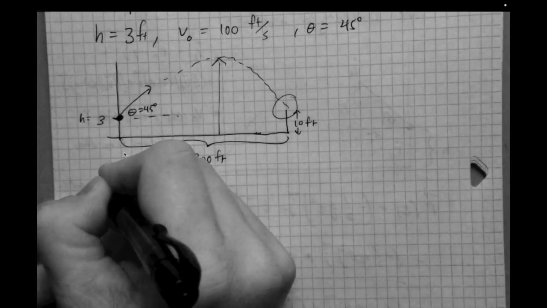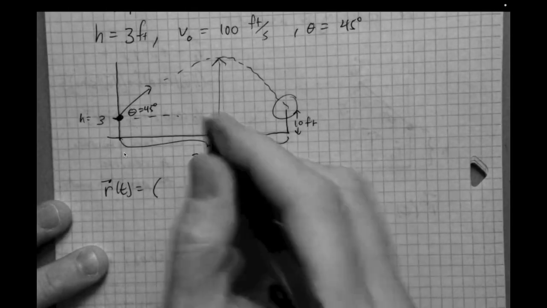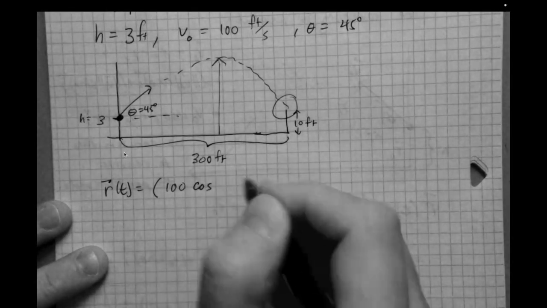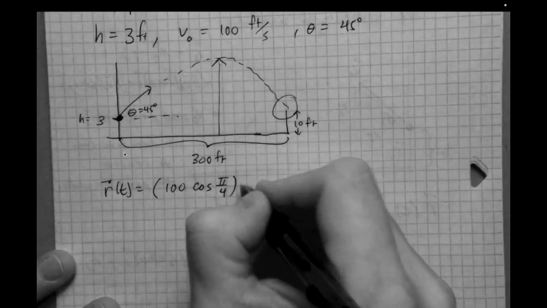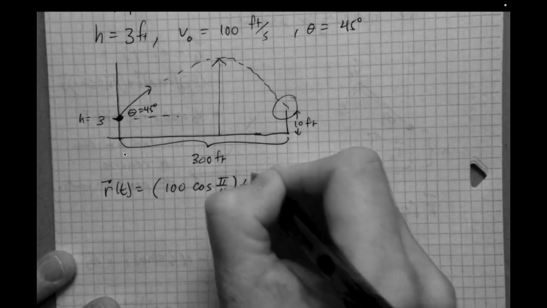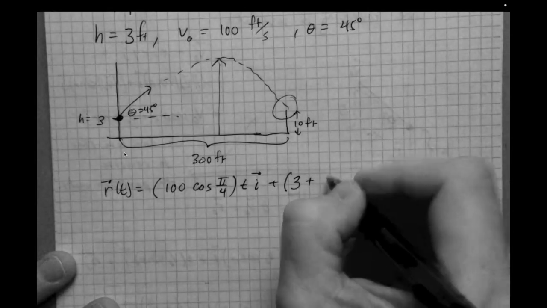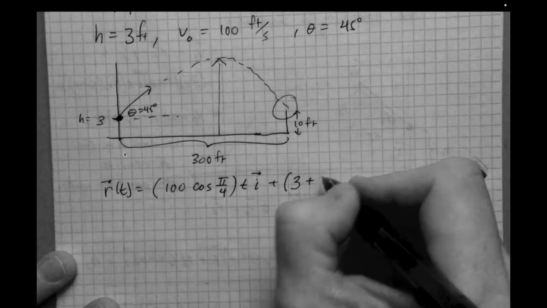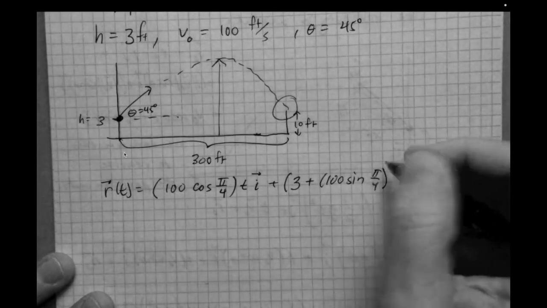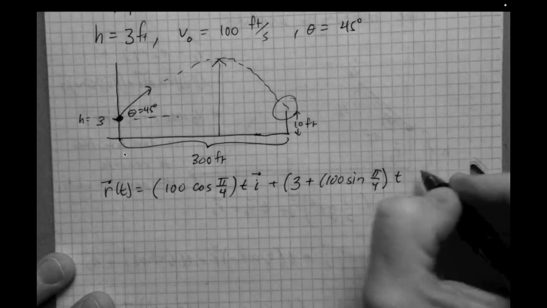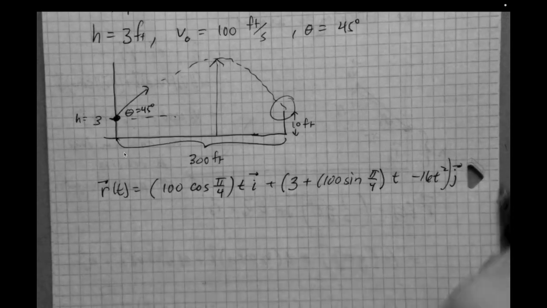So r of t is equal to 100 times the cosine of pi over 4, which is 45 degrees, times t times i, plus, the initial height is 3, plus 100 sine of pi over 4 t, and then minus 16t squared. And that's all the j component.